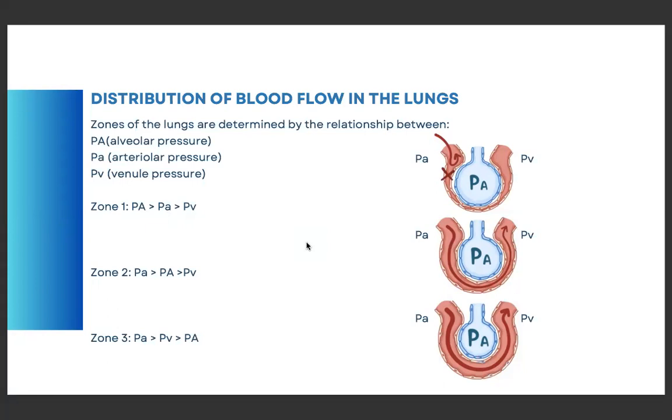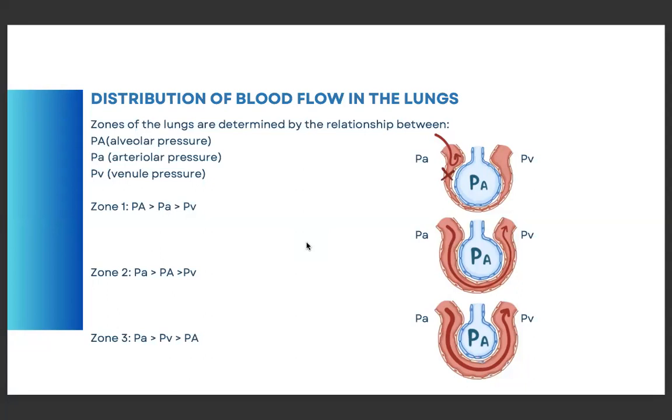Now, why is that? Because when you're standing upright, gravity causes more of your blood to go to the lower part of the lungs, so this increases the pressure in them. So the lower you go, the higher pressure you're going to have in these arterioles and venules.